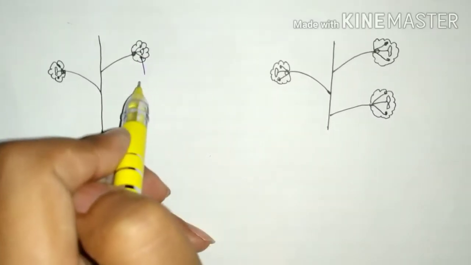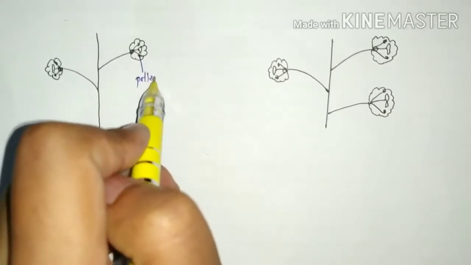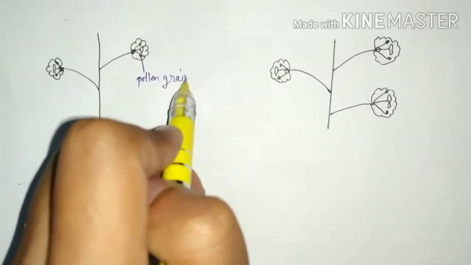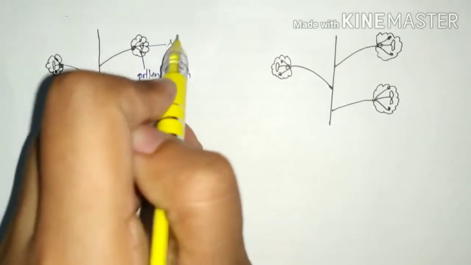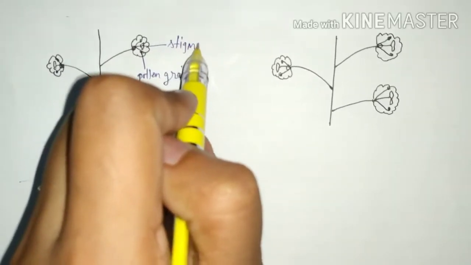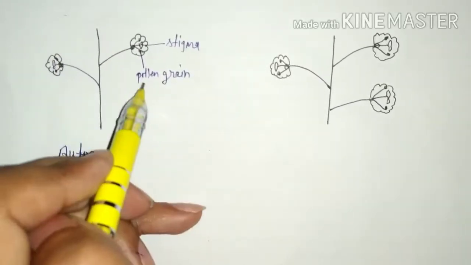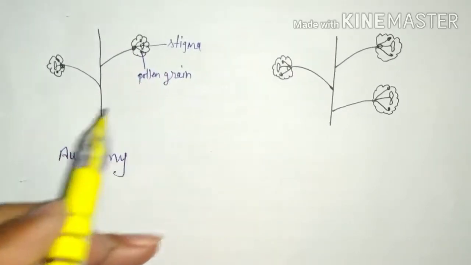These are the pollen grains, and this is the stigma part. It means it is a bisexual flower.